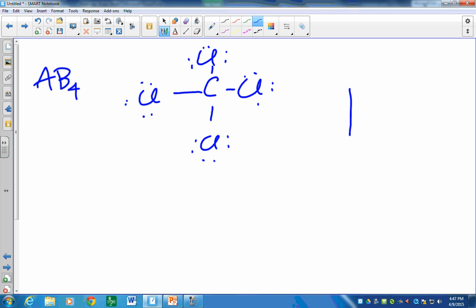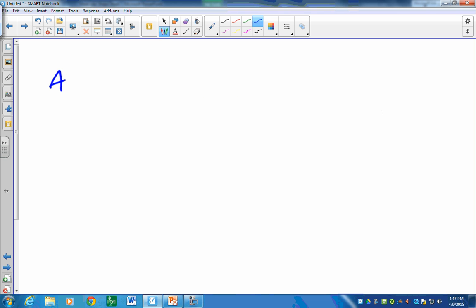But it doesn't look in 2 dimensions like it looks in 3 dimensions. What we learned is AB4 is a tetrahedral shape, and it actually looks like a tripod with a camera or a camcorder on it.